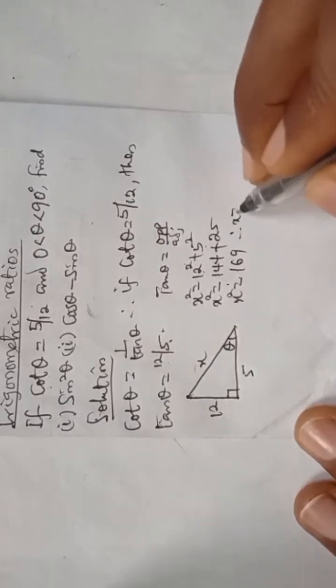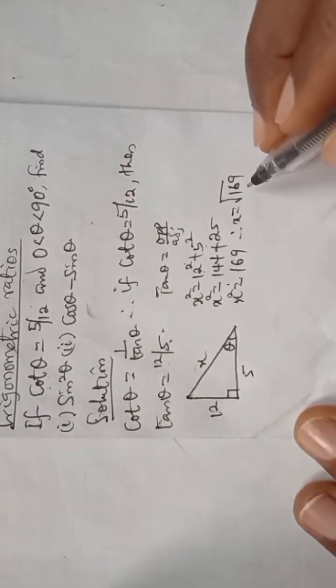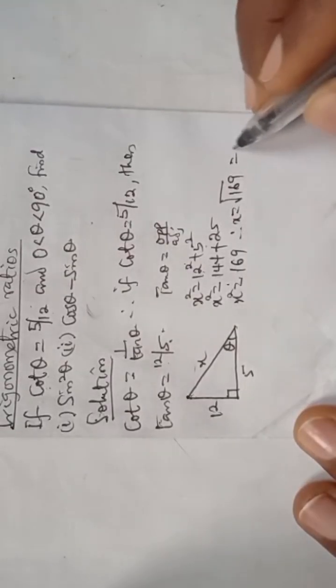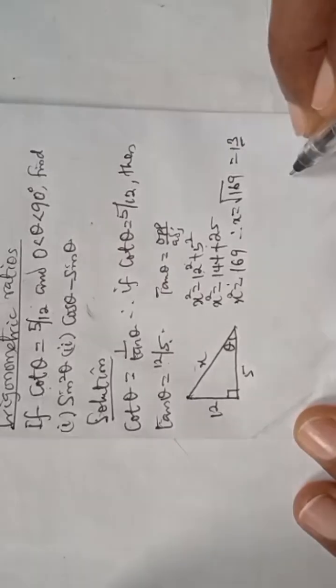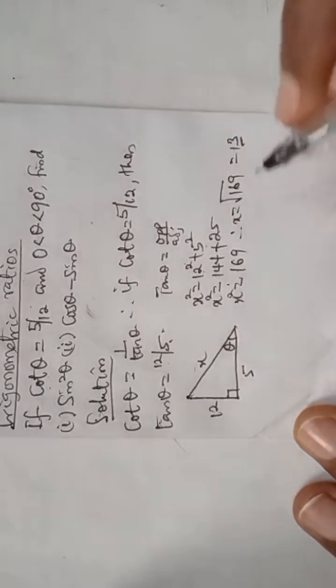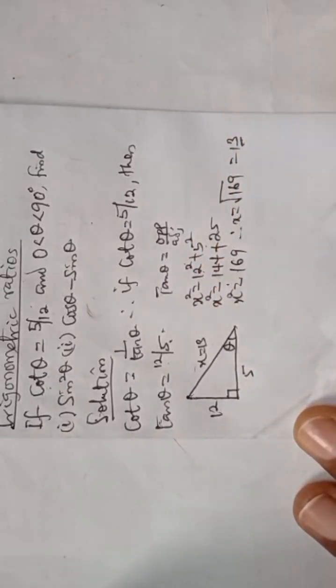Therefore x is equal to the square root of 169, which is 13. That means the hypotenuse is 13.